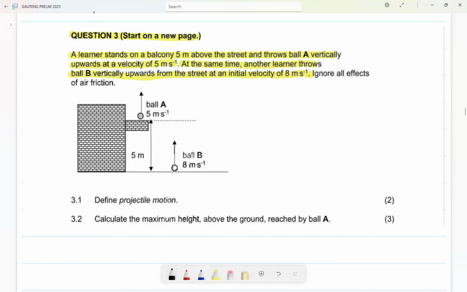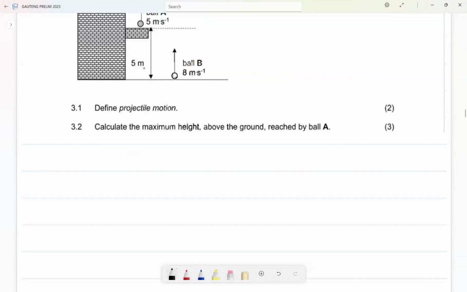Define projectile motion. Remember projectile motion? What is projectile motion?